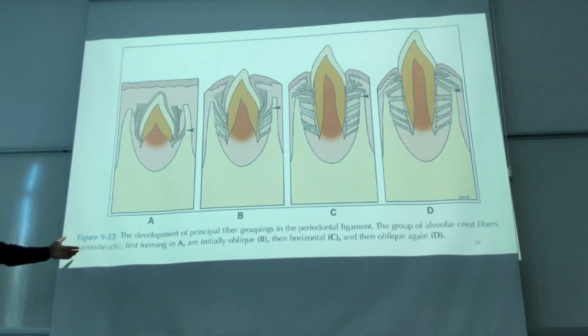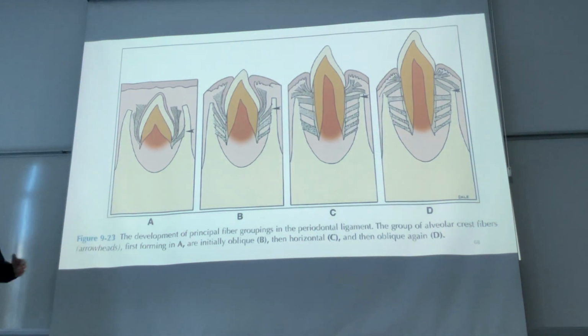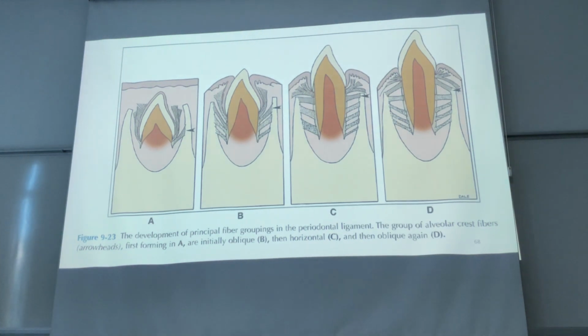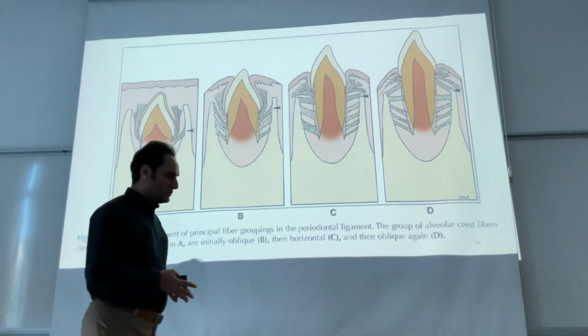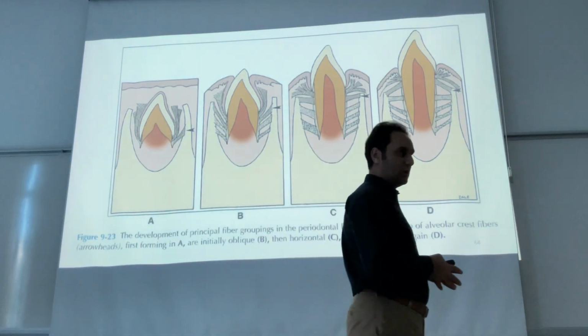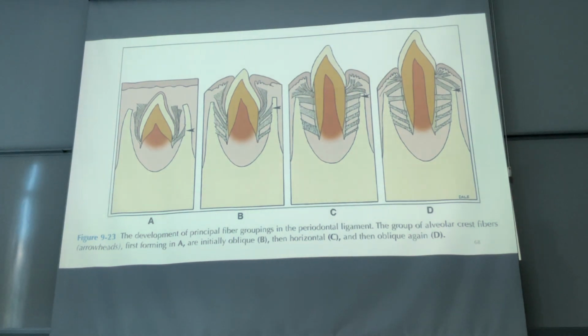And now we are going to talk about eruption. Eruption is a big topic, and for an eruption lecture we need at least 1 or 2 hours. But because we don't have enough time in our program, I only want to show you the formation of periodontal ligaments in the stages of eruption. Before eruption, our alveolar crest fibers form.